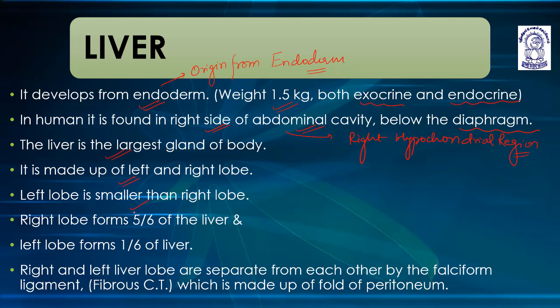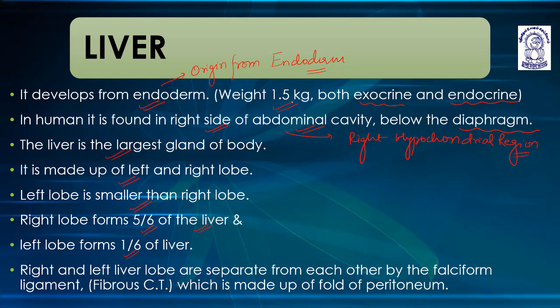Left lobe is smaller than right lobe. Right lobe forms five by sixth part of the liver, and left lobe forms one sixth part of the liver.